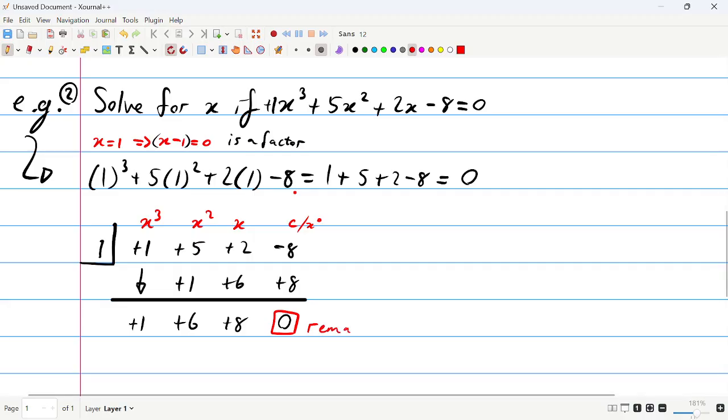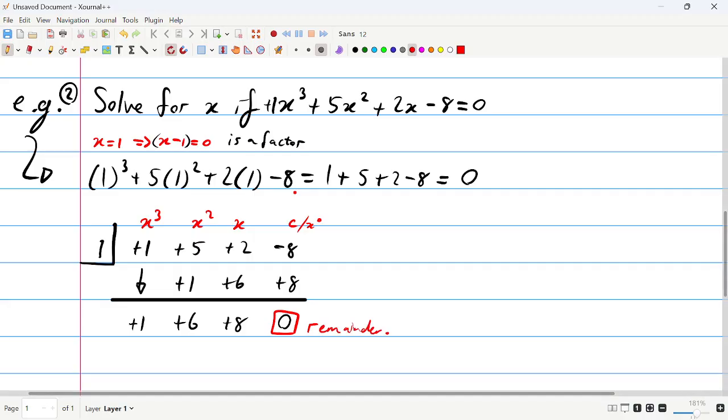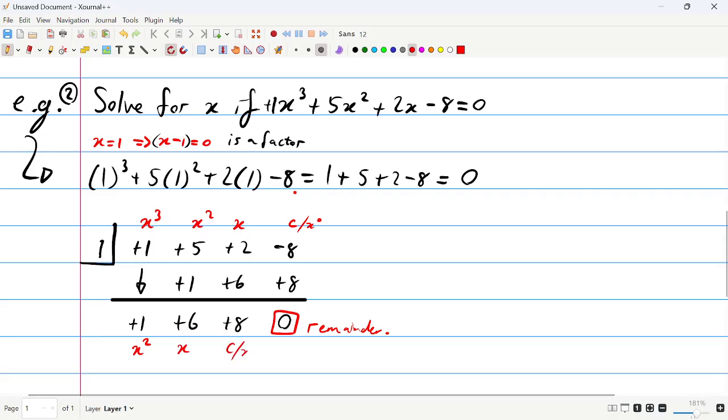So I'm going to say remainder. Okay. And then remember that we went from the cubic coefficients to the quadratic or the trinomial coefficients, where this would be the coefficient of x squared, 6 would be the coefficient of x, and then 8 would just be the constant, or x to the power of 0 coefficient.